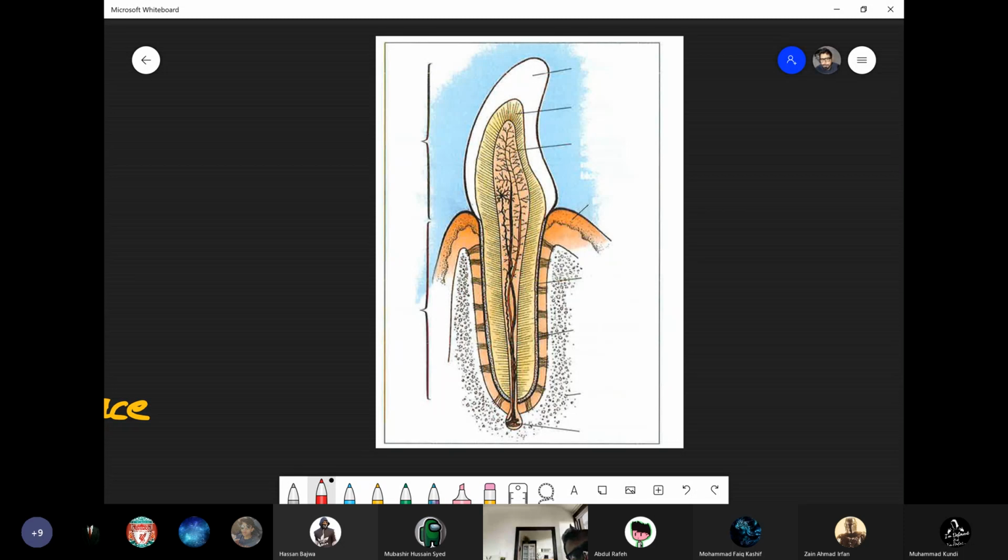The part of the tooth which is present outside is called the crown, and the part which is buried in the jaw, fixed in the jaw, is called the root. Understood, everyone? The exposed, visible part is the crown, and the buried, not visible part is the root.